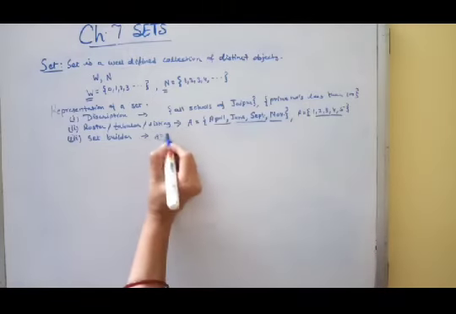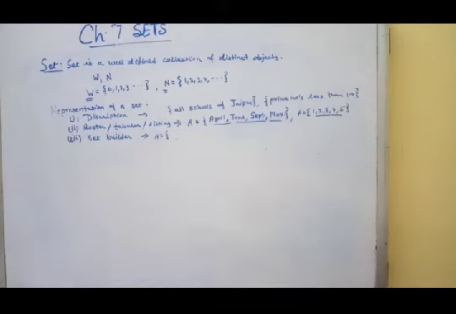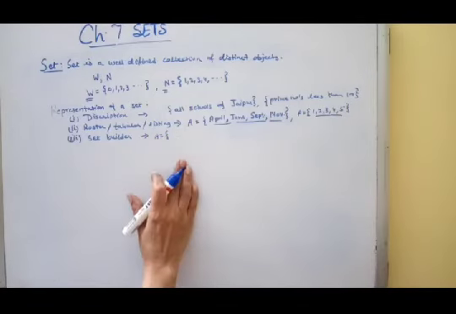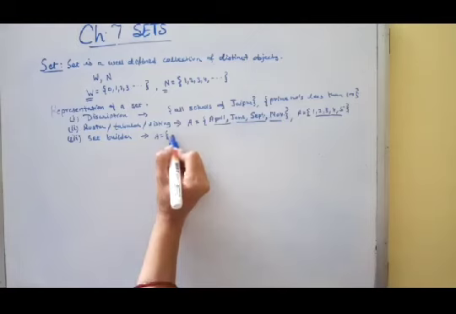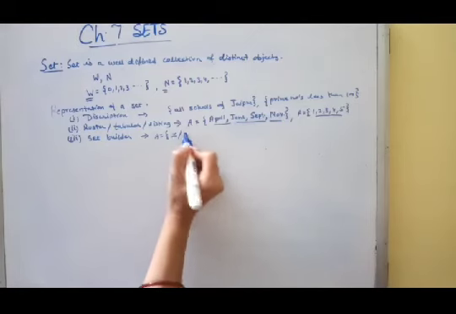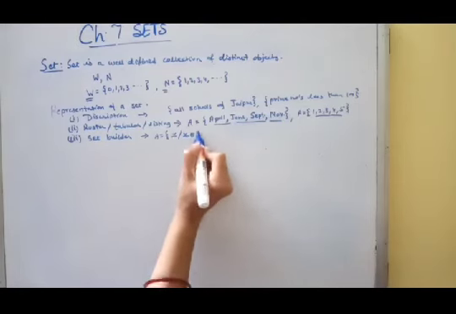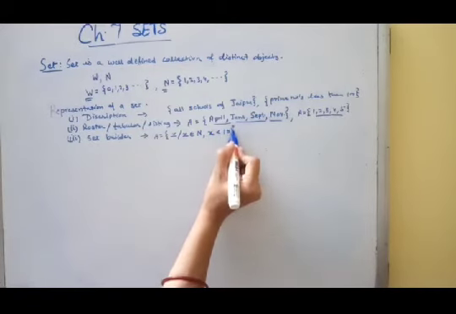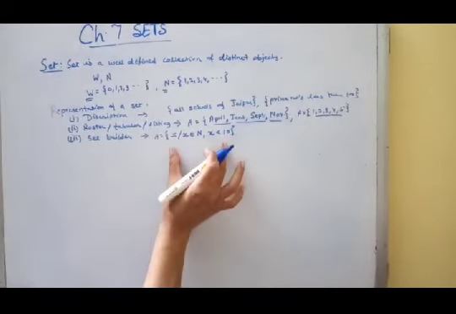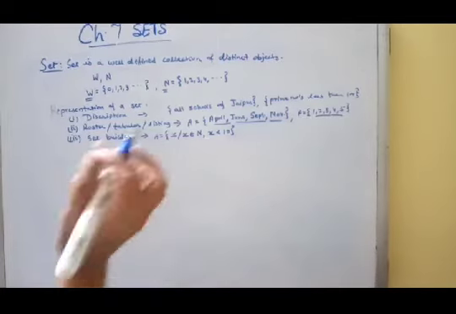Set A, the elements in this set are the natural numbers less than 10. So we write here x such that x belongs to natural numbers and x is less than 10. So we use here a rule or property.